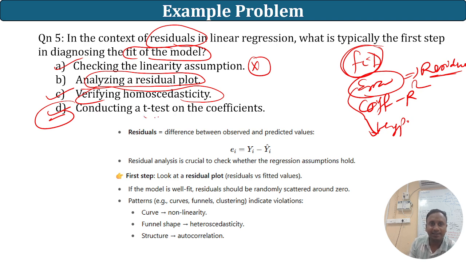To check the residual, we have to check the residual plot. These are assumptions we have to check before applying any model. Once we know the error and the coefficient of determination, then we'll go to the testing. It's something we deal with single plots only. Is it clear?